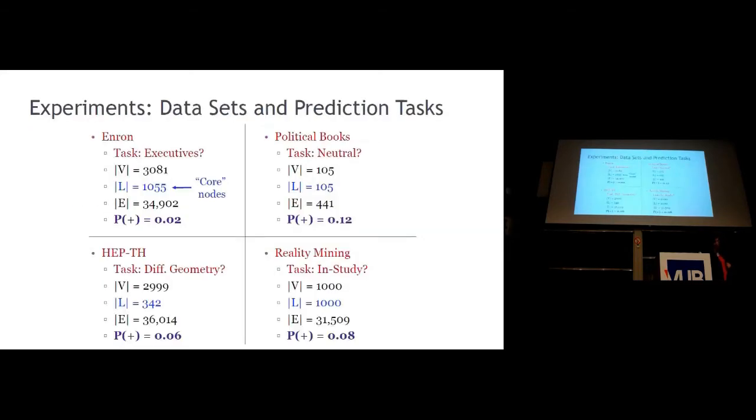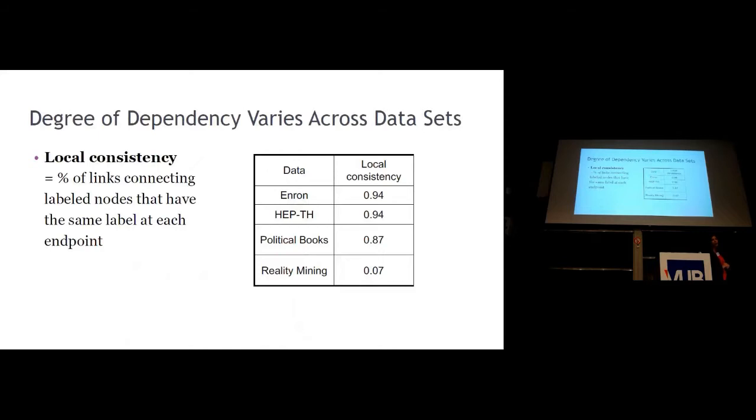But before I go there, I'm going to show you how much relational dependency exists in these data sets. There are multiple ways of measuring this, as you can imagine. The first one is, if I give you a network, you measure the amount of relational dependency by listing all the edges and counting what percentage of them have the same label on both ends.